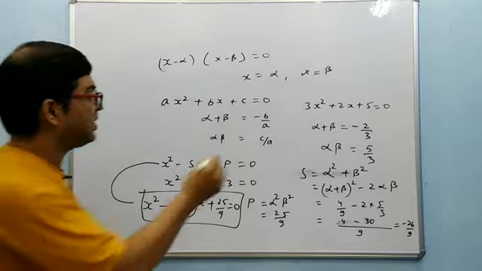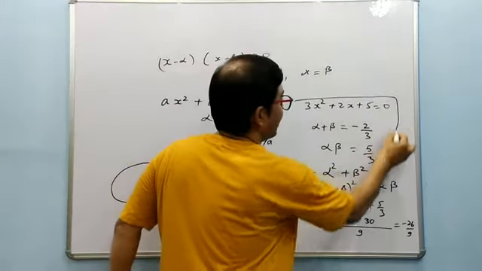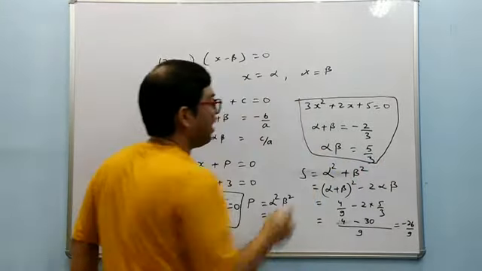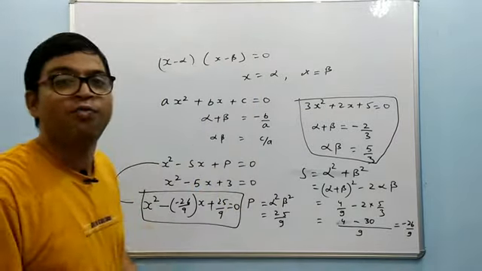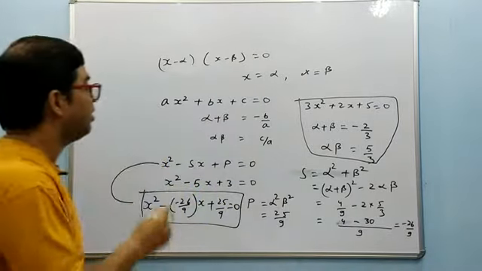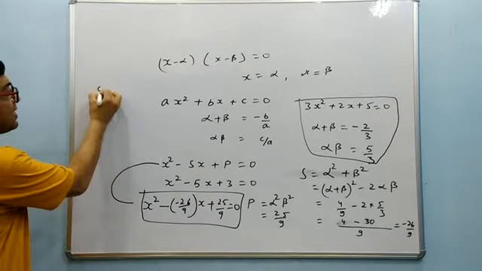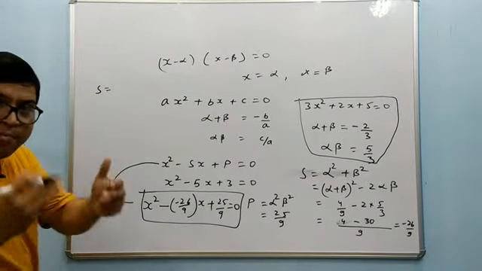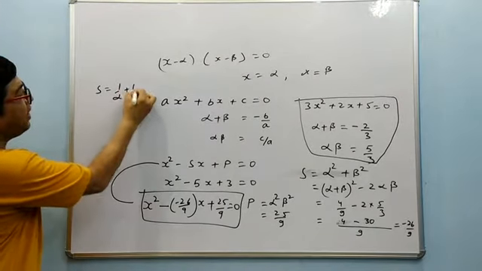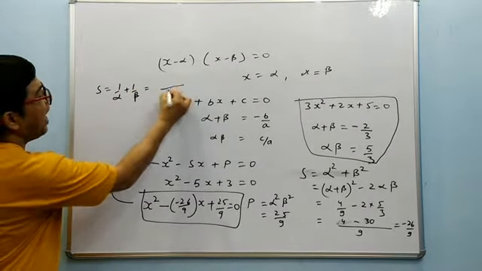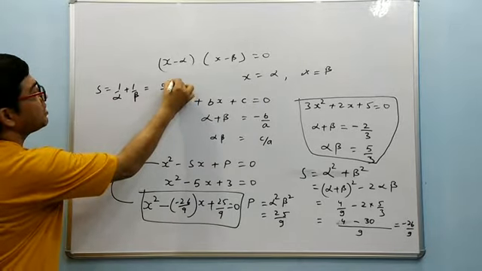Sometimes it is given that this is the equation whose roots are alpha and beta. We need to form another equation whose roots are 1 by alpha and 1 by beta. So what do we need to find? S. S is what? The sum of the required roots. That is 1 by alpha plus 1 by beta. This is coming out to be (alpha plus beta) by alpha beta.